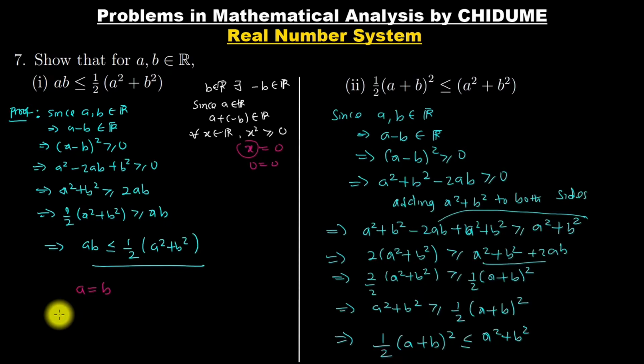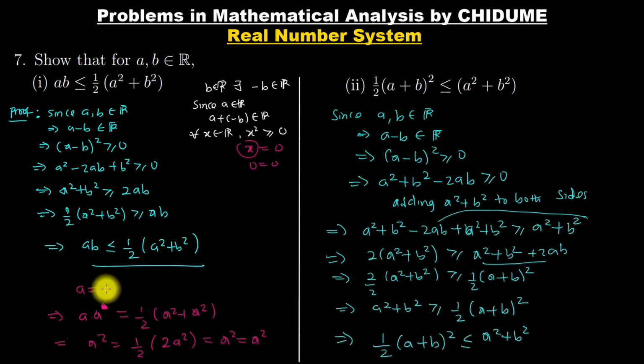Okay, so if a equals to b, that means we are going to have a times a, which is a square, is going to be equals to 1 over 2 open brackets a square plus a square. So here I have a square to be equals to 1 over 2 a square plus a square, which is 2a square. So that means I'm going to have a square to be equals to a square. You can see that equality holds when a equals to b.